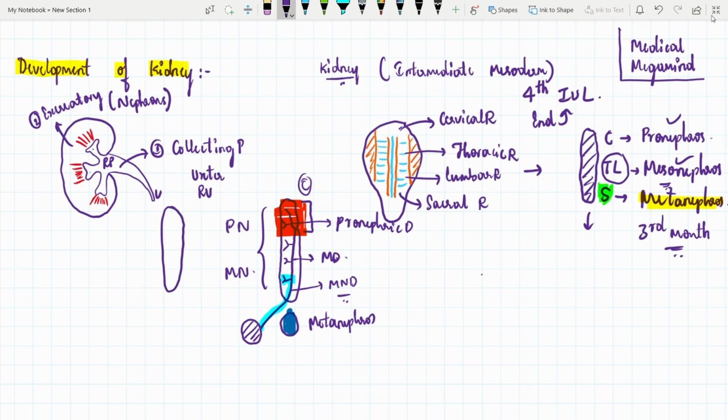Same, this will not degenerate, only the metanephric kidney and the caudal part of the mesonephric duct. This is also joined on the other side. You are thinking, what is meant by urogenital sinus? Let me explain.